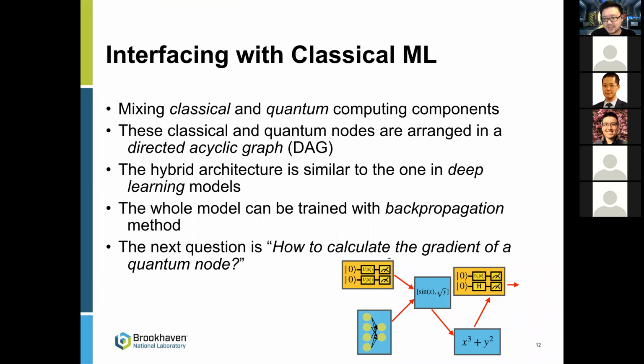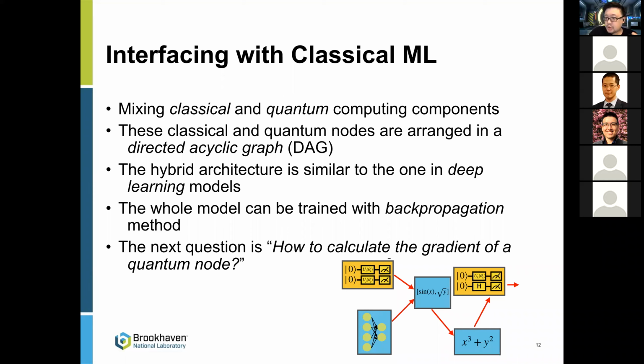So the idea is that both the quantum nodes and the classical nodes are combined into a directed acyclic graph. And if you have a graph, then you can define the computational graph and how to do the backpropagation through this model.